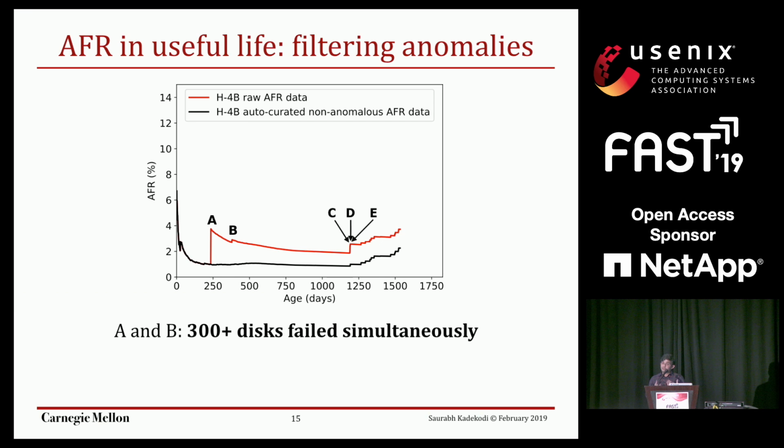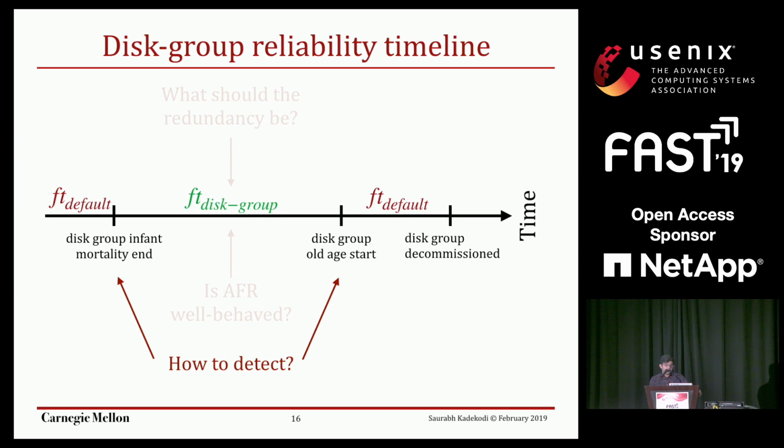Points A and B, for example, were caused because of more than 300 disks failing at the same time. So this shows that an anomaly detector is an essential part of our framework. So the next question: how do we detect when infancy ends and when wear out begins?